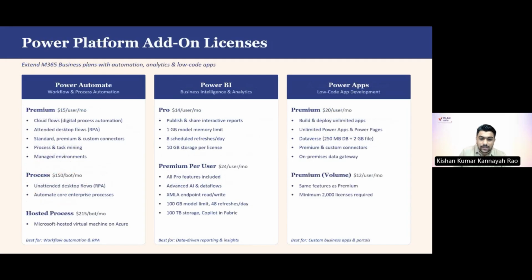Okay. So Power Platform add-ons. By default, you have Power Automate free, Power BI free, Power Apps free. All these basic things that you can use are already inside your baseline license, which is Business Basic or Standard, right? So it's already there.